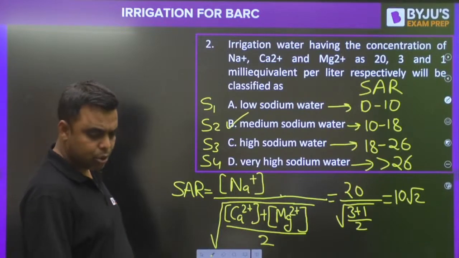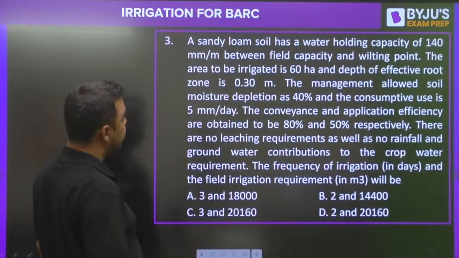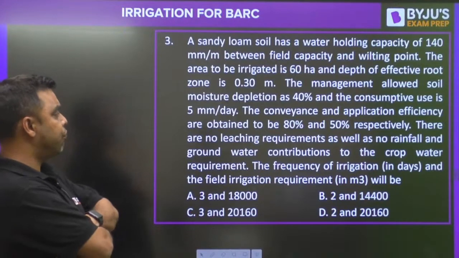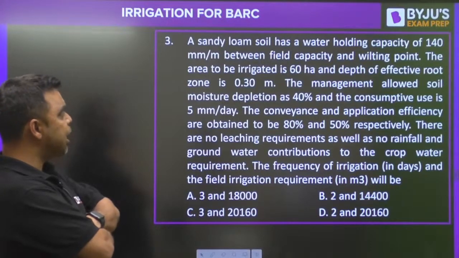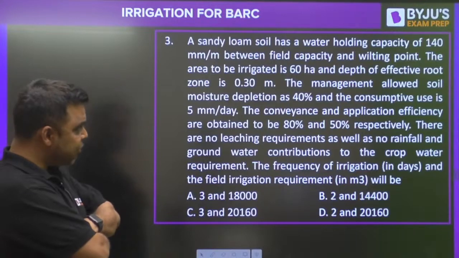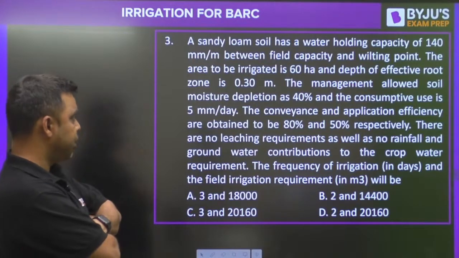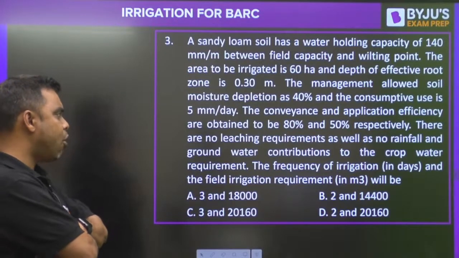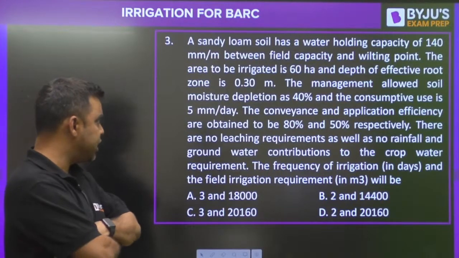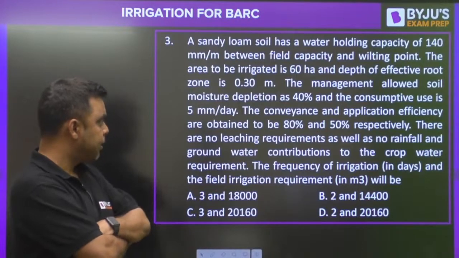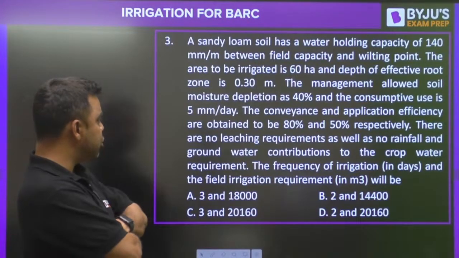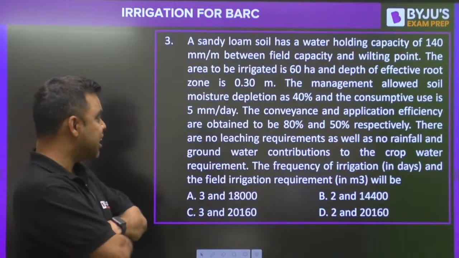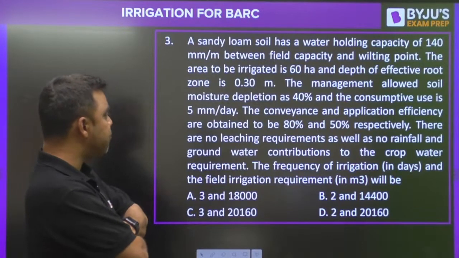Right. So next question. A sandy loam soil has a water holding capacity of 140 mm per meter between field capacity and wilting point. The area to be irrigated is 60 hectare and the depth of effective root zone is 0.3 meter. The management allowed soil moisture depletion is 40% and consumptive use is 5 mm per day.